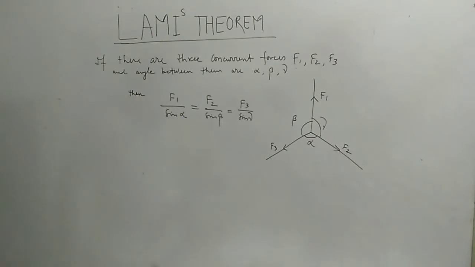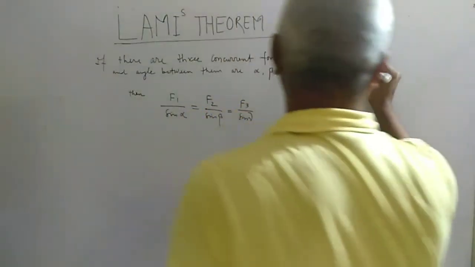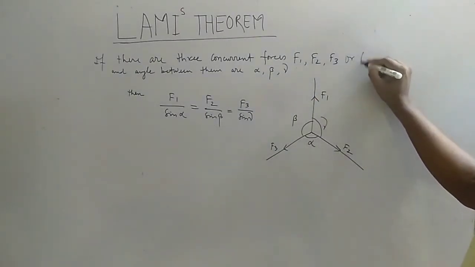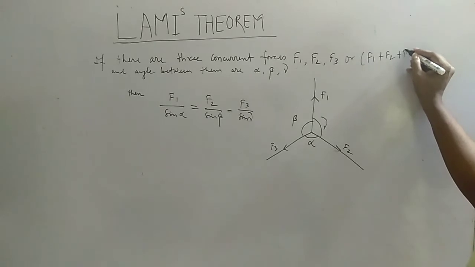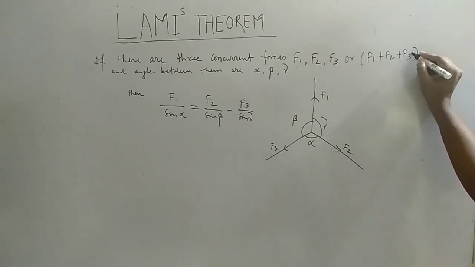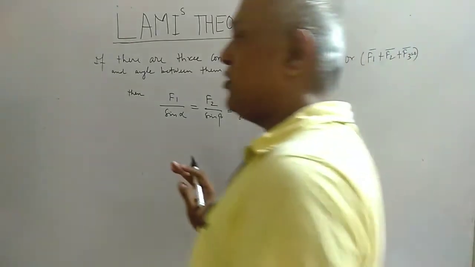One more condition is there: if there are three concurrent forces F1, F2, F3 with F1 plus F2 plus F3 equal to 0, so for vector quantities, the vectors form a closed loop.